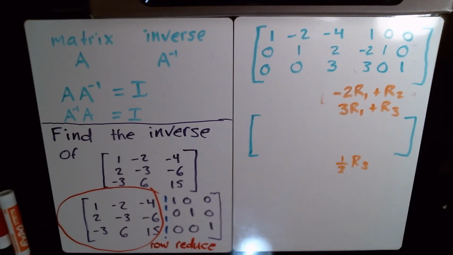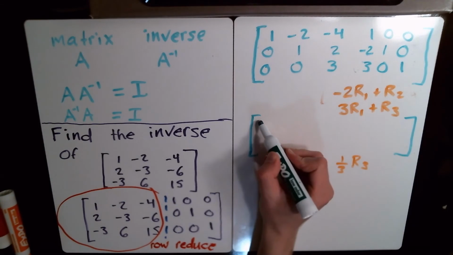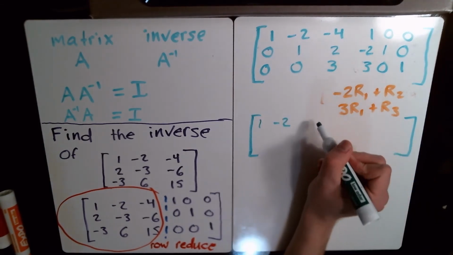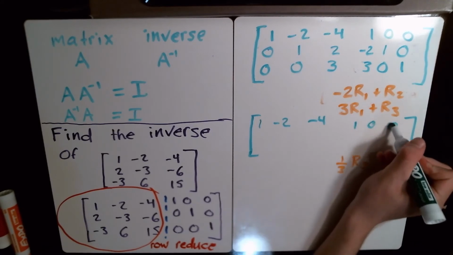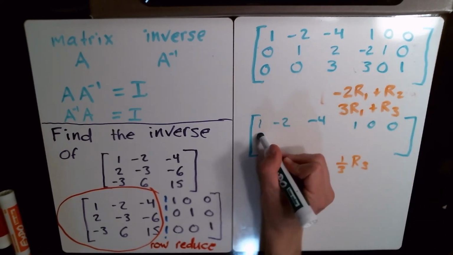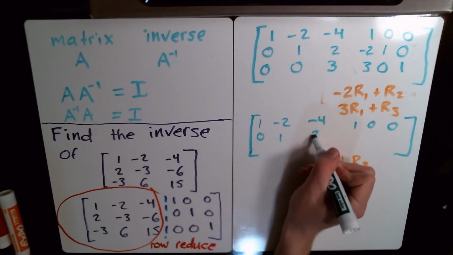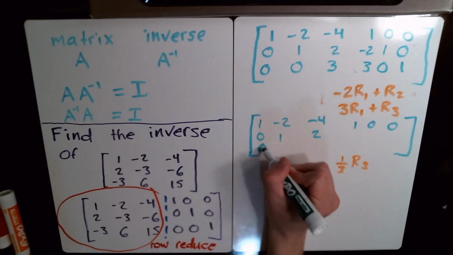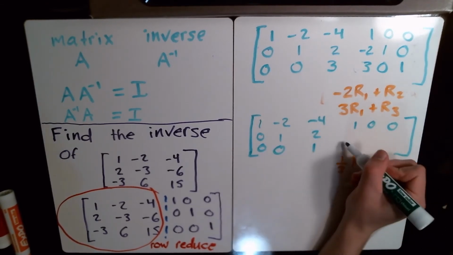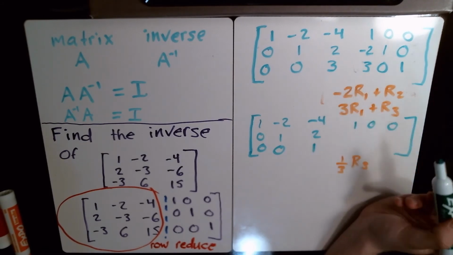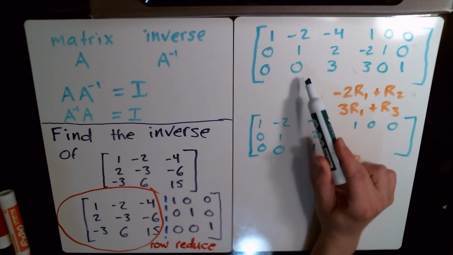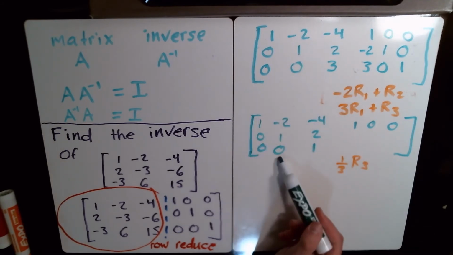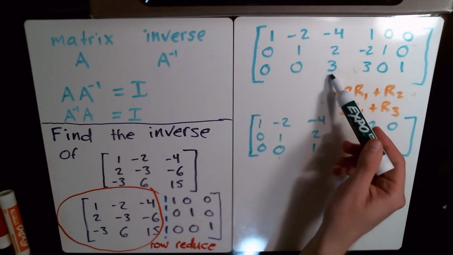So what will that give me? The top 2 rows stay the same. It's just the bottom one that changes. So 1/3 times 0 is 0. 1/3 times 0 is 0. 1/3 times 3 is 1.